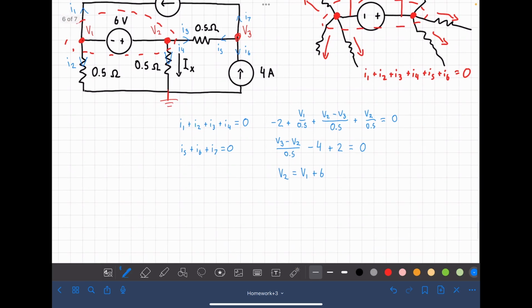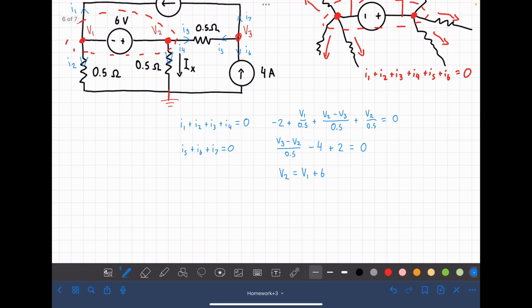Okay, so let's solve the system. I like using matrices, so that's what I'm going to do. Let's get the first equation down here. And get V1. Let's see, we have divided by 0.5, which is the same as 2. And that's all our V1 terms for the first equation.